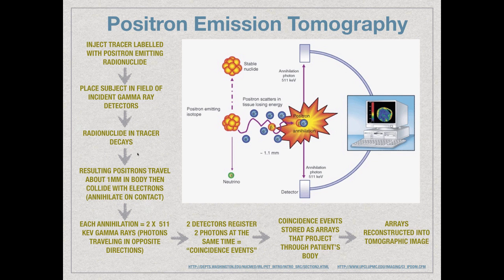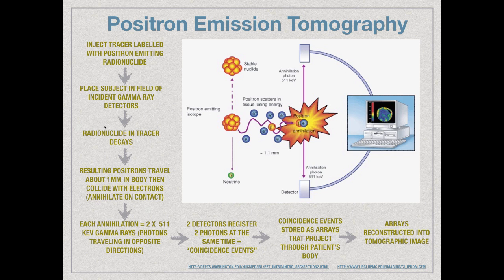So getting back to our diagram, the radionuclide in the tracer decays, wherever it is in the body. The resulting positrons will travel about 1 millimeter in the body, then they'll collide with electrons and annihilate on contact.